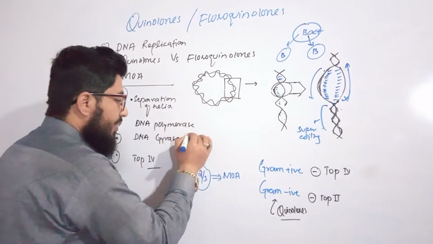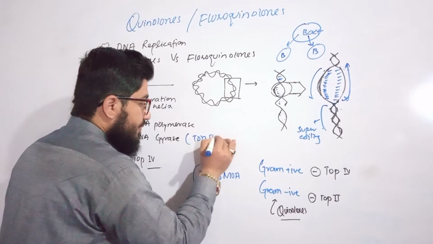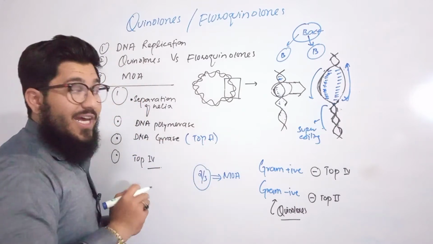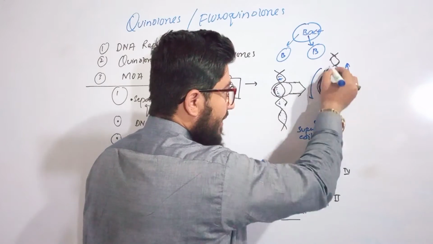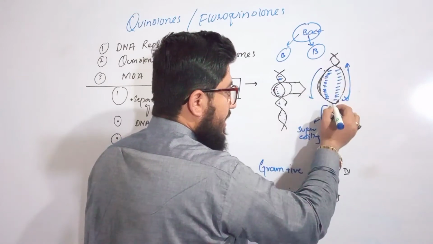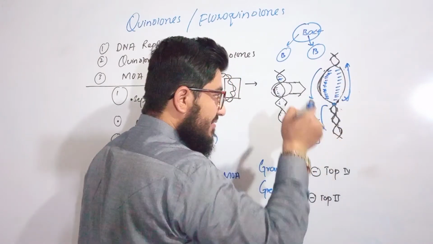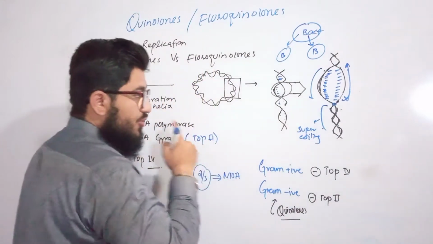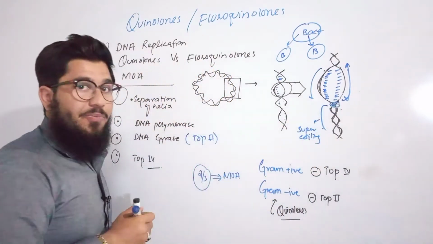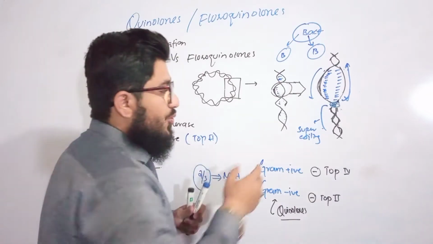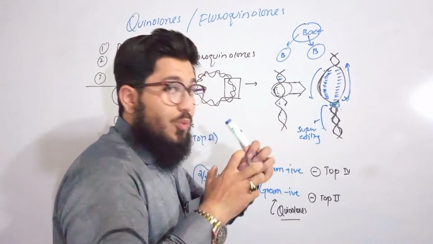DNA gyrase, also known as topoisomerase 2. This enzyme will help at the replication fork. This is known as the replication fork. Okay, we have replication forks. Now at this particular region, at the replication fork, this DNA gyrase, topoisomerase 2, will come and bind here, and it will facilitate the DNA replication. It will start decreasing the supercoil.